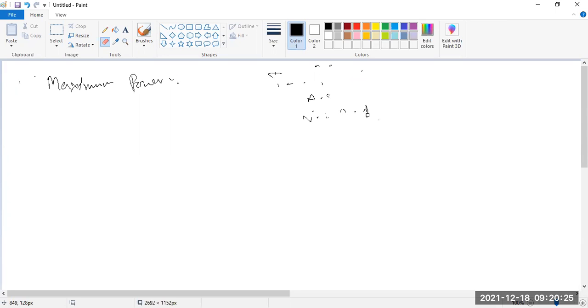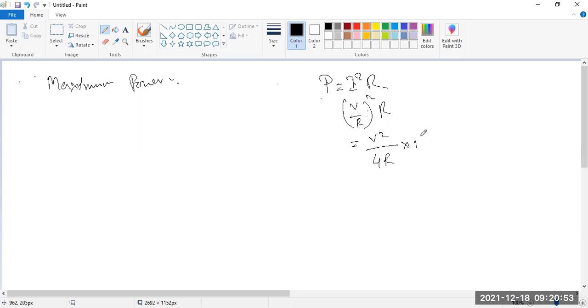First thing we have to know that, power is I square R. We say that P equal to I square R. So I means V by R. Then you should say V square by 4R square R into R. Here for maximum power transfer theorem, these R are same.